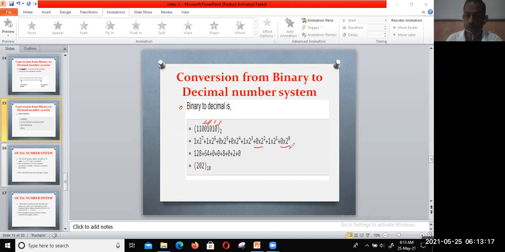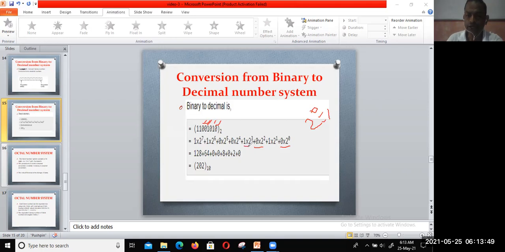Now, 0 into 2 to the power 0. 2 to the power 0 is equal to 1. Remember, 2 to the power 0 is equal to 1. So write down 0 into 1, that is 0. Again, 1 into 2 to the power 1, that is 1 into 2, that is 2. Next, 0 into 4, that is 0.